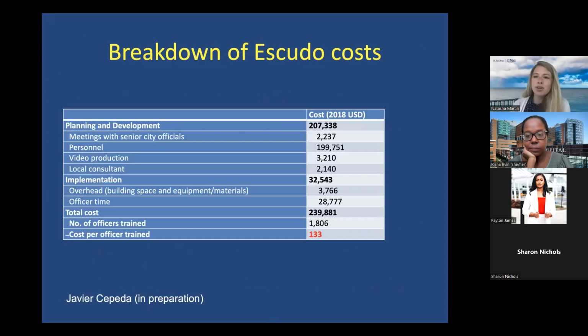And we also threw in the costs here because the training wasn't free. And so Javier went and collected the costs, and what he found was that the intervention cost $133 per officer trained. Okay, well, is that cost worth the benefit that we're getting?